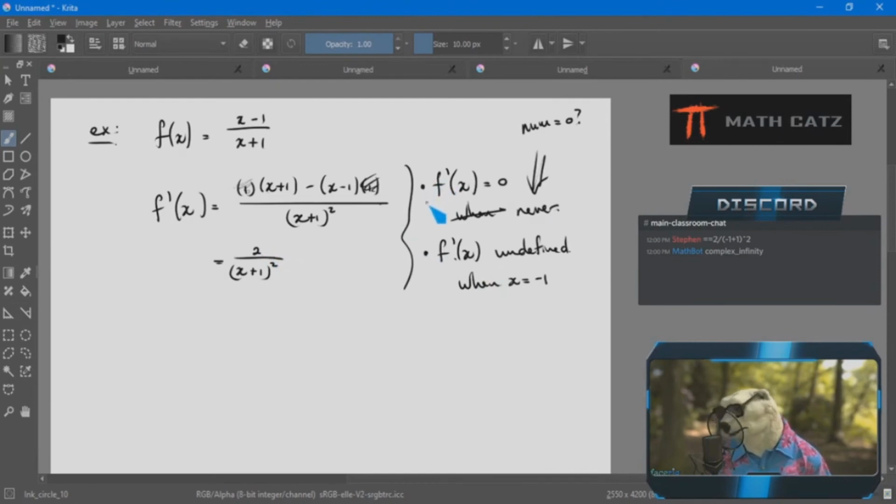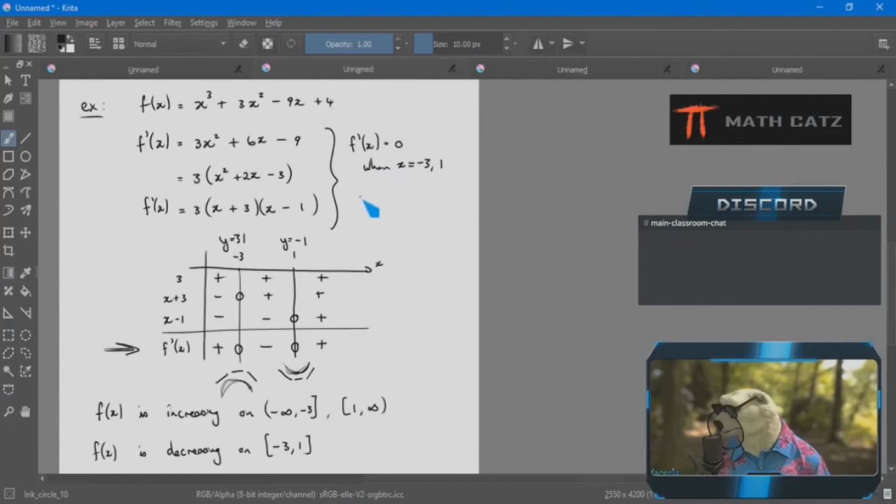I have to check where is the derivative 0. Okay, in this case, the numerator doesn't have an x in it, so never. But there are still interesting x values. And those are the ones that make the derivative undefined. So the polynomial didn't give me the full picture. There's more here that I have to check.